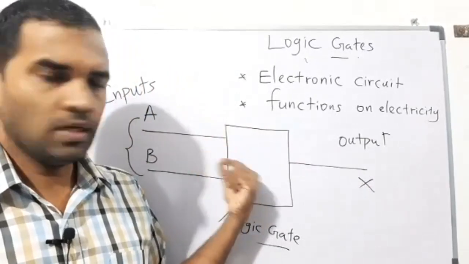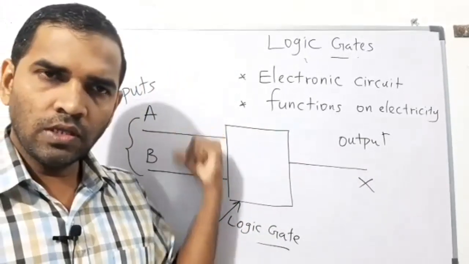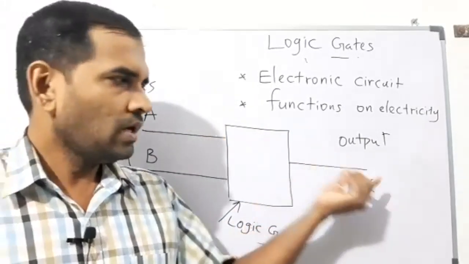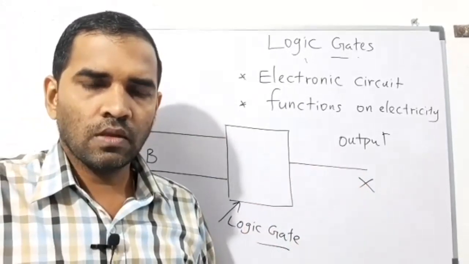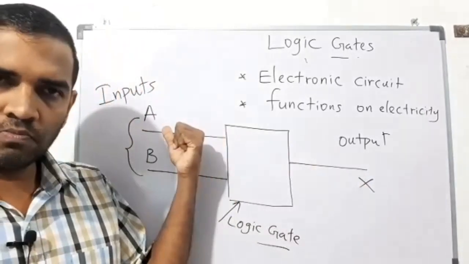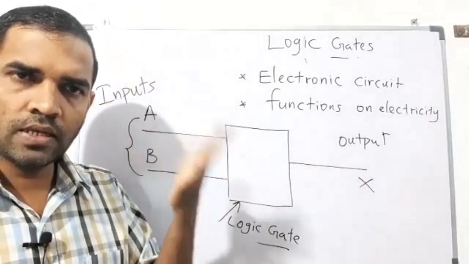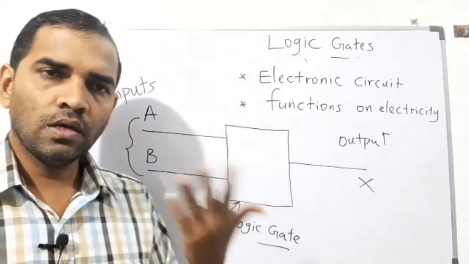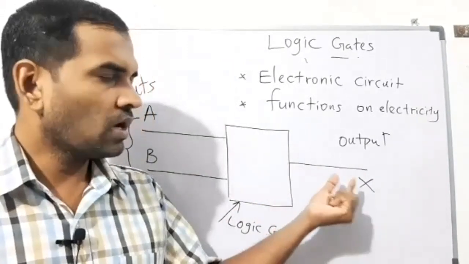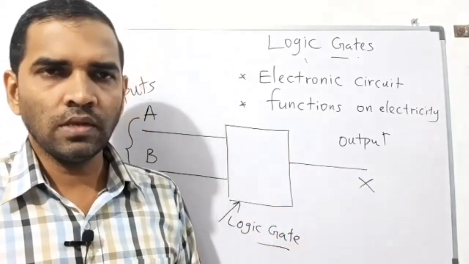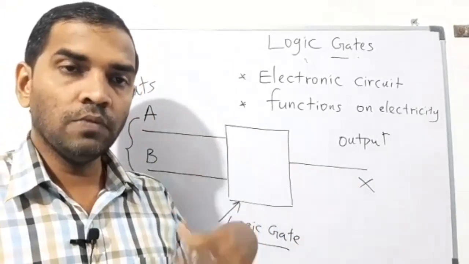As I told you earlier, sometimes both inputs have electricity. At that particular instant, there will be an output. Sometimes input A has electricity, but input B doesn't. In this case, you can't say that the same output will be taken because now you have different inputs.